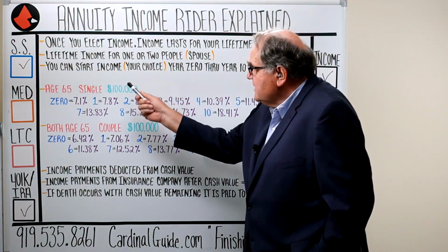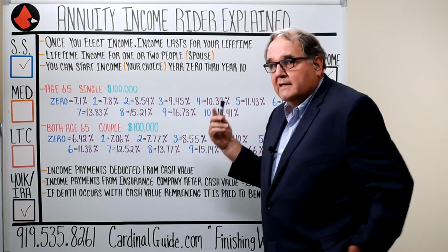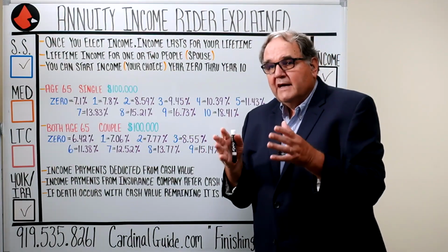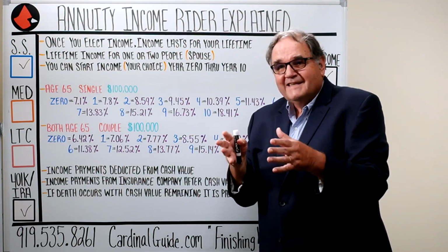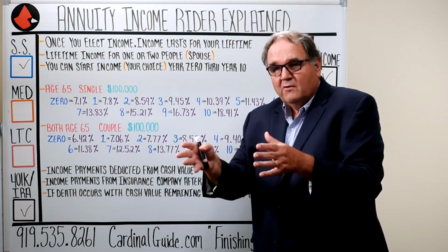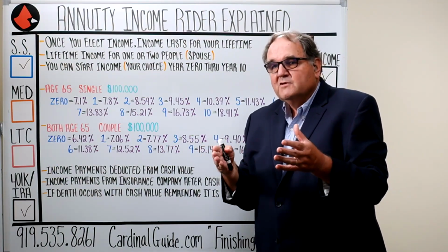So you can start the income, it's your choice, from year 0 through year 10. Most of the time when people buy these things from us, we have recommended that they start the income at some point in the future. Some people want to start it at 73 when minimum distributions start.